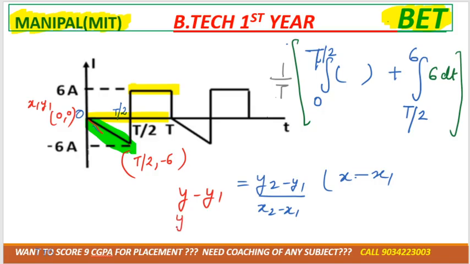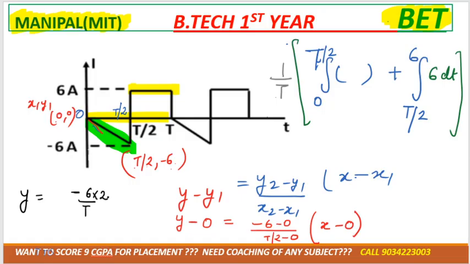So it would be y minus y1. This is x1 y1, this is x2 y2. So y minus 0 is equal to y2 minus y1, that would be minus 6 minus 0, divided by x2 minus x1, t by 2 minus 0, and then we'll have x minus x1, x minus 0. So what we can conclude from here is that y is equal to minus 6 divided by t by 2.